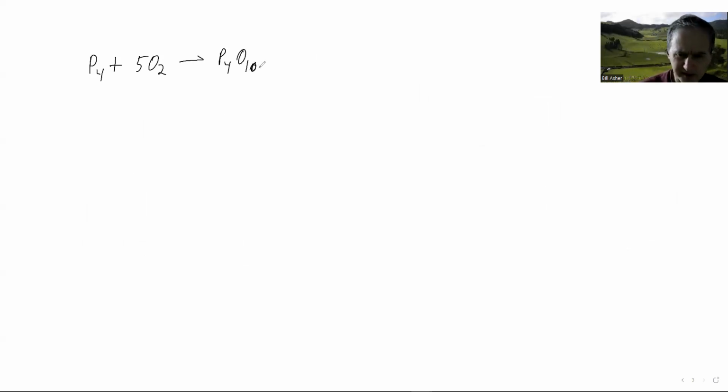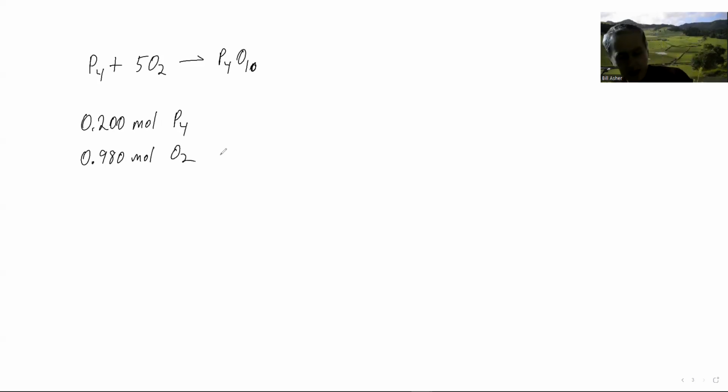And so now suppose we have 0.200 moles of P4, and we have 0.980 moles of O2. Which is the limiting reagent in this case?